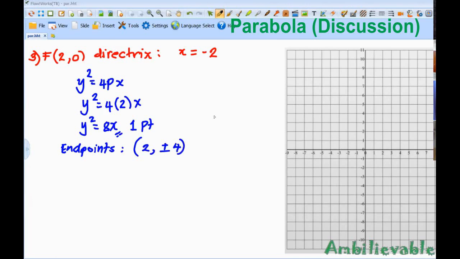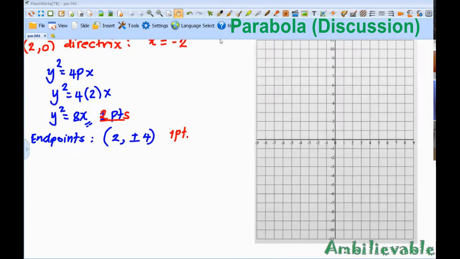Okay, so let's make it 2 points for this, and then 1 point here. And then for the graph, it's 2 points.